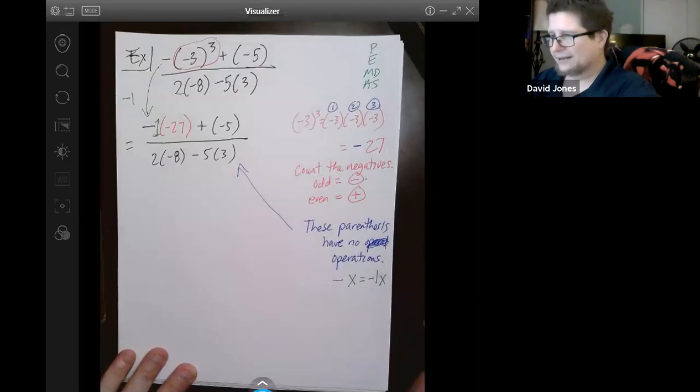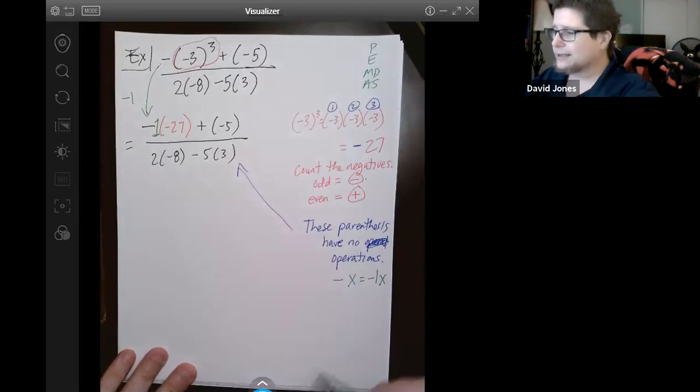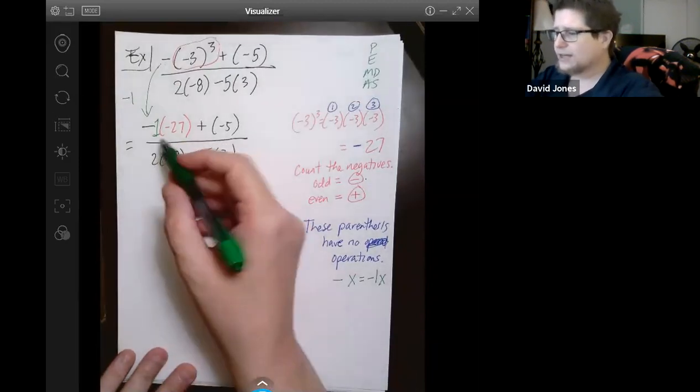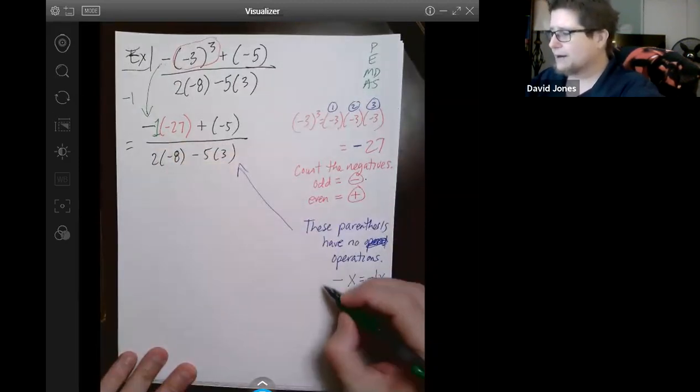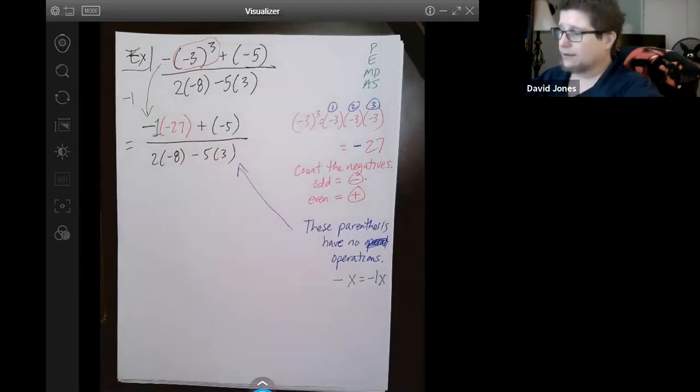And so what we have, when we have parentheses like this, the parentheses mean multiply by what's outside. Let me rephrase that.